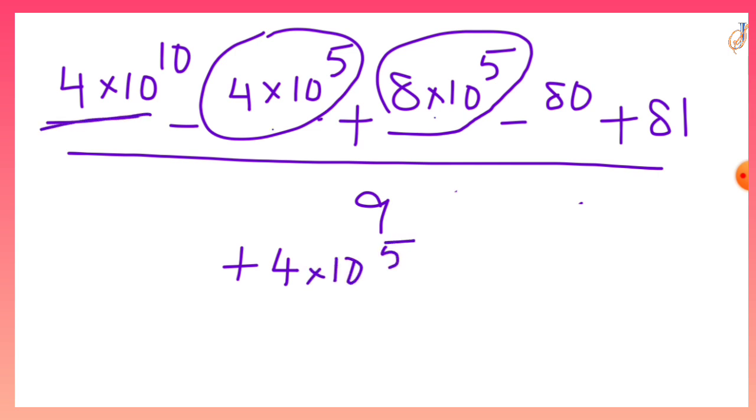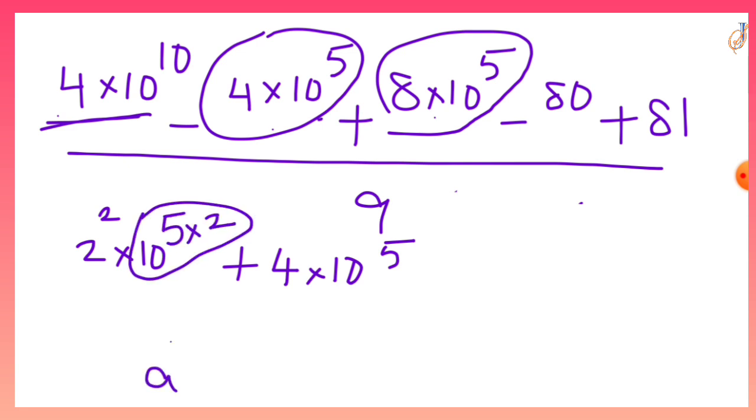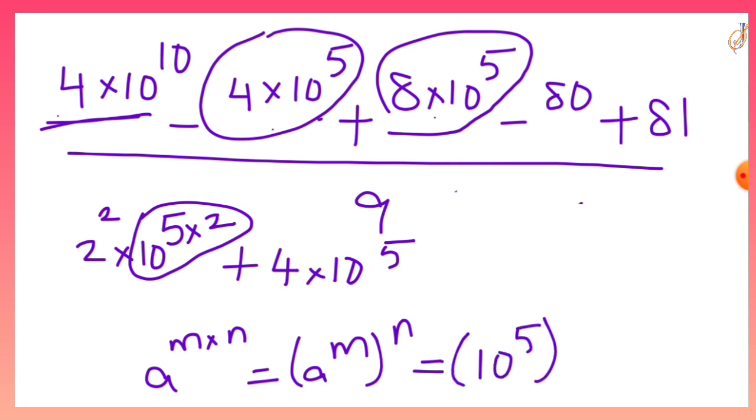Now observe the first term. This term we can write as 4, we can write as 2 power 2, and 10 power 10 we can write as 10 power 5 times 2. So it is in the form of a power m times n. We can write this as a power m whole power n. Same like that we can write it as 10 power 5 whole power 2, isn't it?